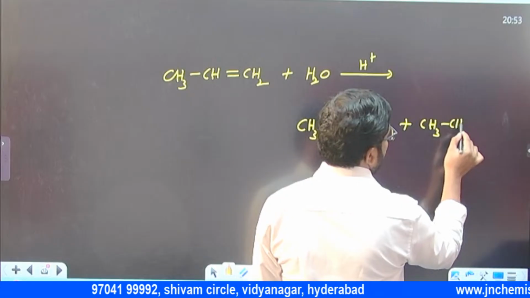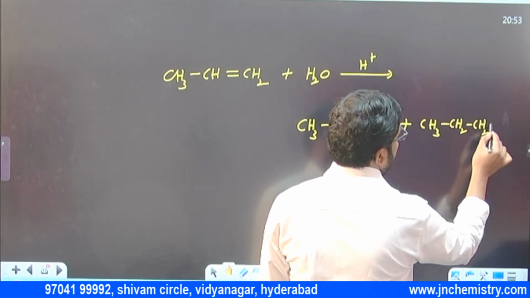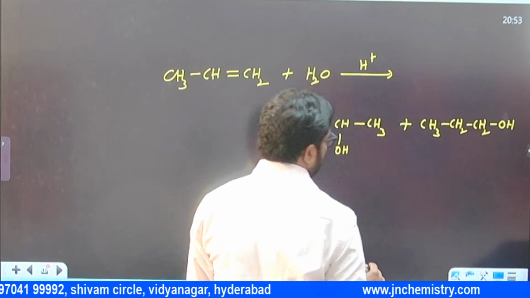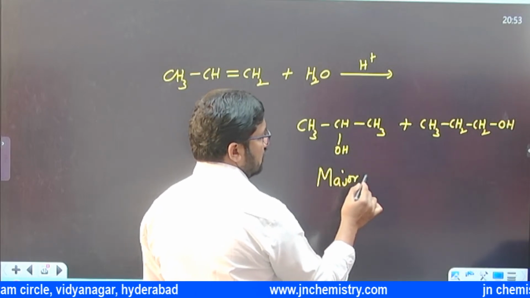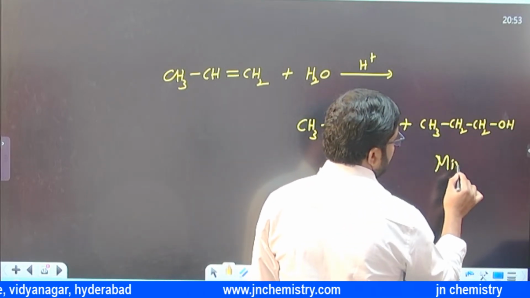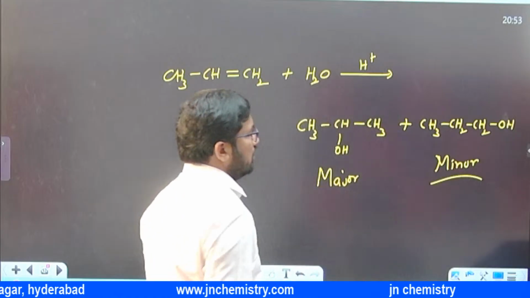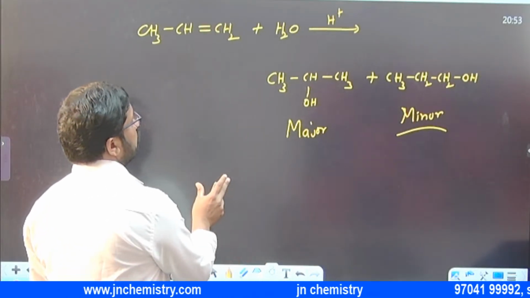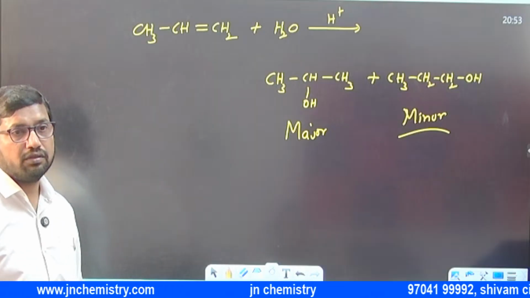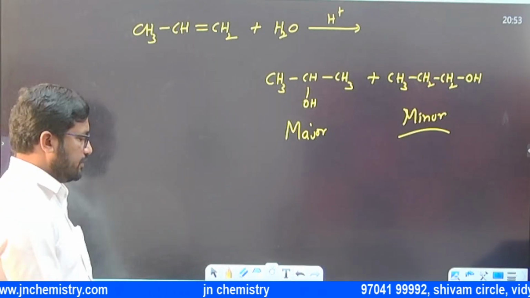And CH3, CH2, CH2OH. Right, this is the major product. This is the minor product. So why major product? Carbocation. Same.